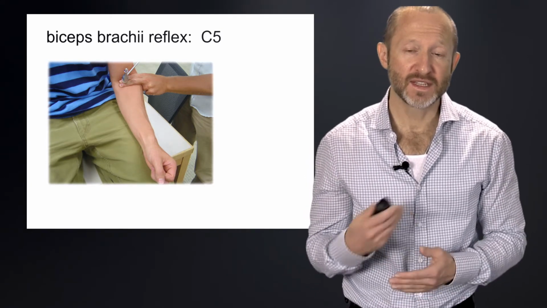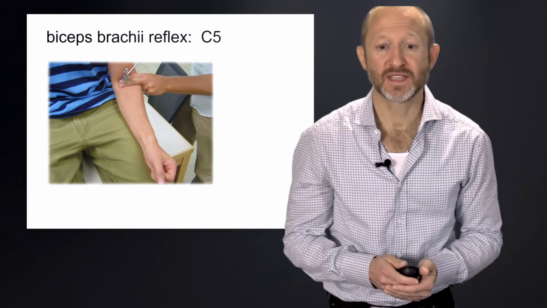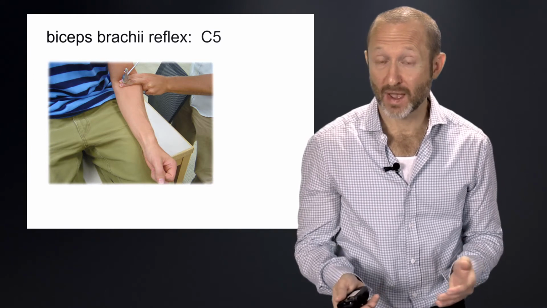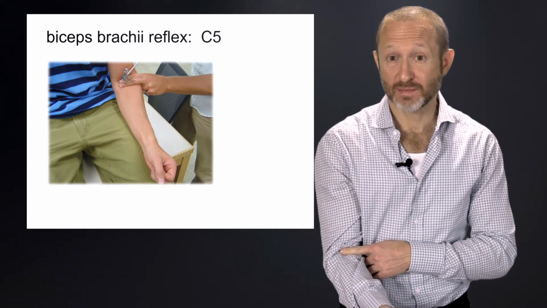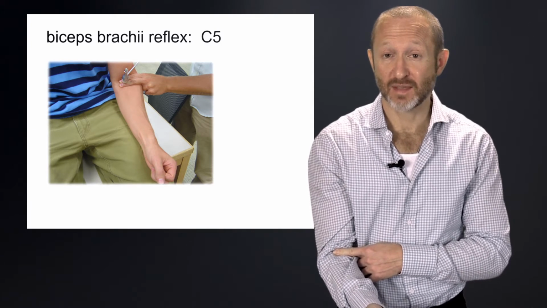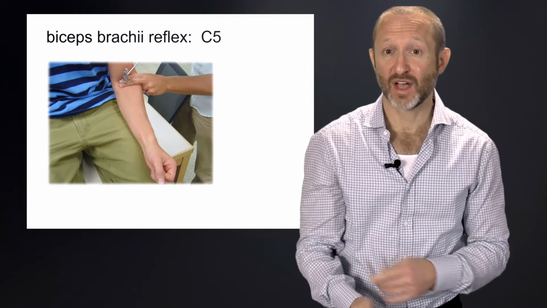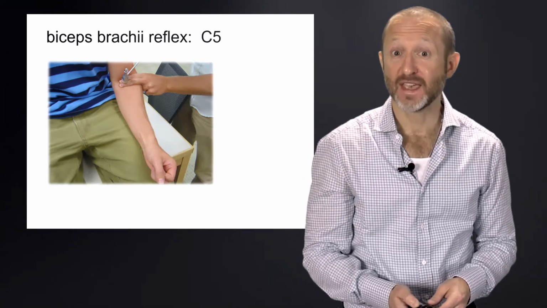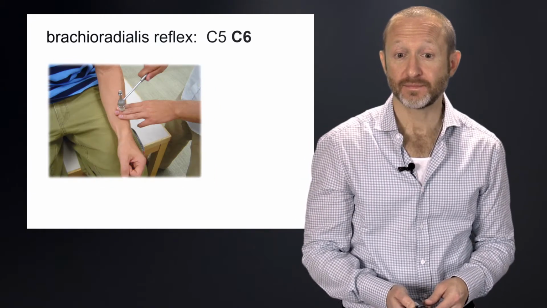But in general, what I teach my students is that the biceps brachii reflex, which is assessed here in this picture by applying pressure to the biceps brachii tendon and, with a quick strike of the hammer, assessing the briskness of the flexion of the elbow, is the best test to assess for the C5 spinal reflex.